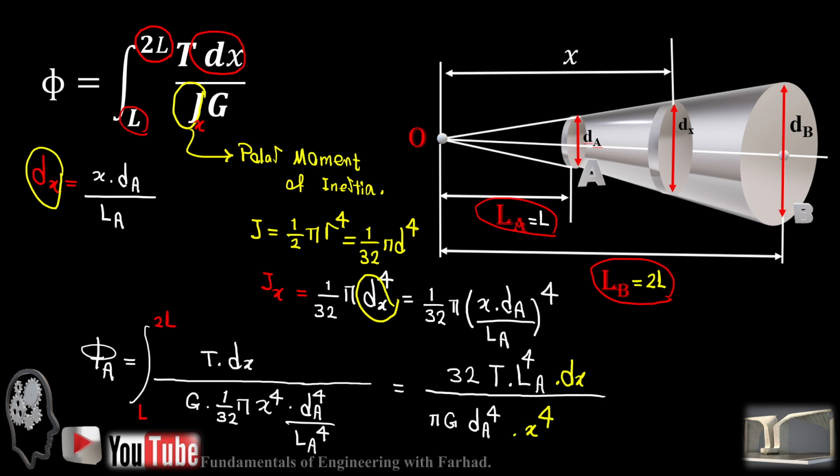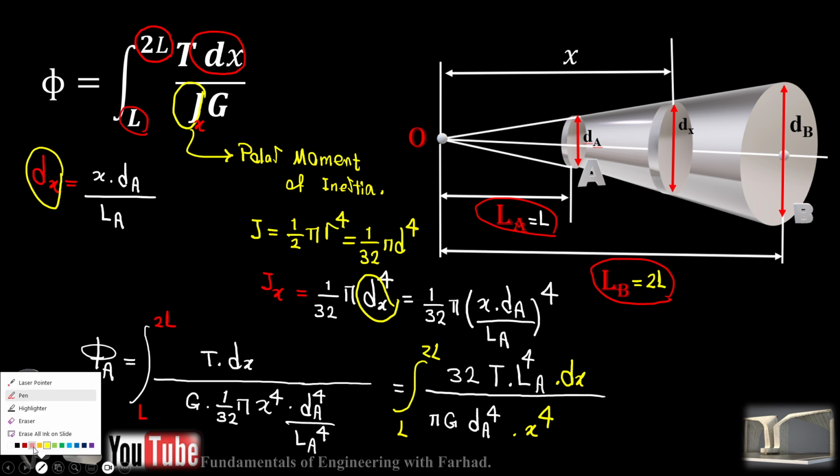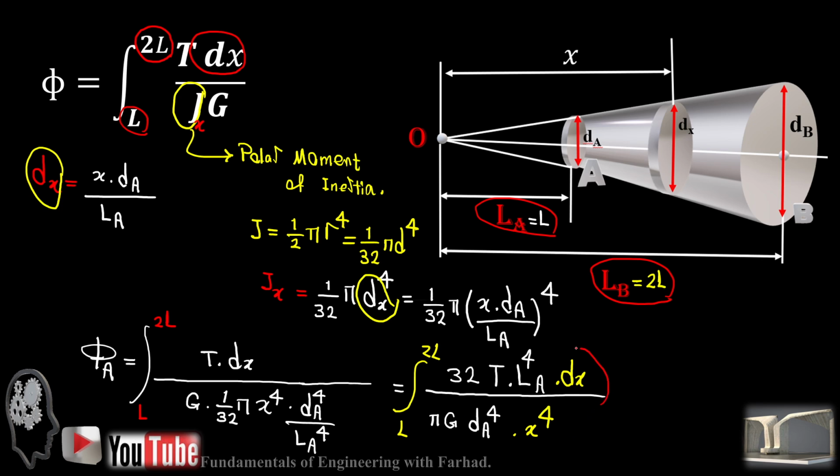And then phi A is the integration from L to 2L of T dx over GJx. And if you simplify, again, we have the integration here. Don't forget to have your integration from L to 2L over here. The only thing you need to pay attention to is that the other terms are constants that come out of the integration, and the only part which goes through the integration is dx over x to the 4th.